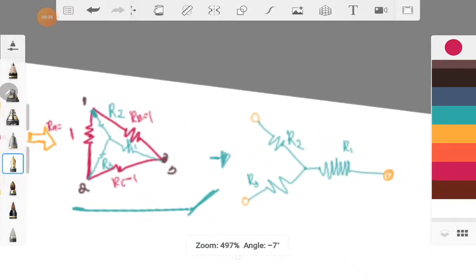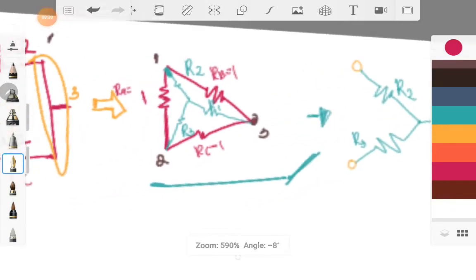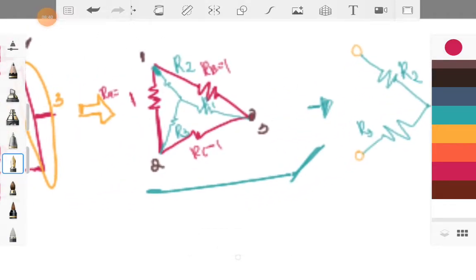Okay. So how will we solve for our Y to delta connection? Solving for our R2, your R2, our formula is the product of two adjacent resistors. So R1, RA multiplied by RB.